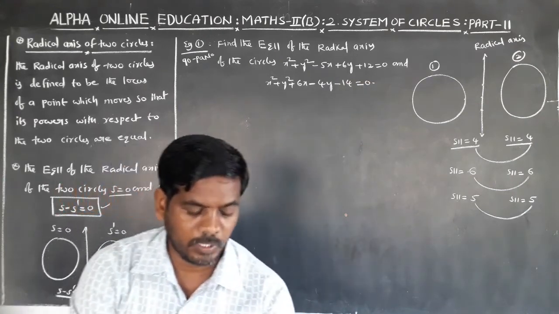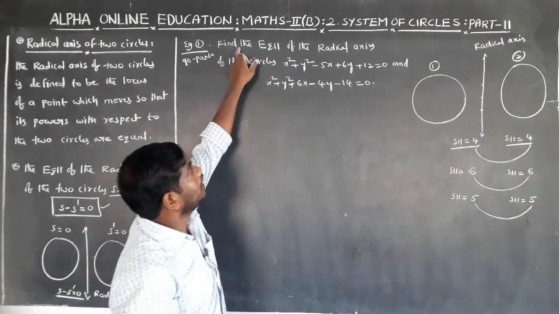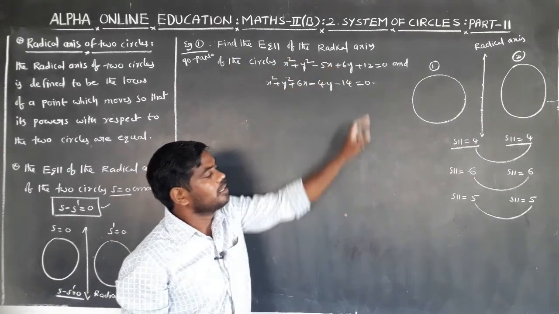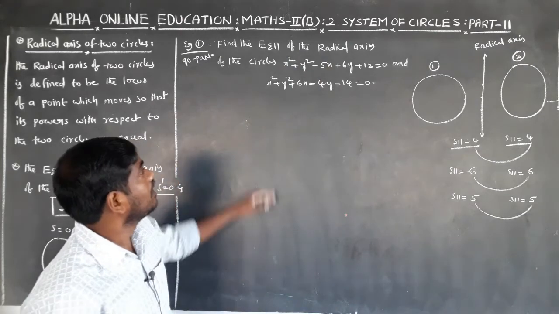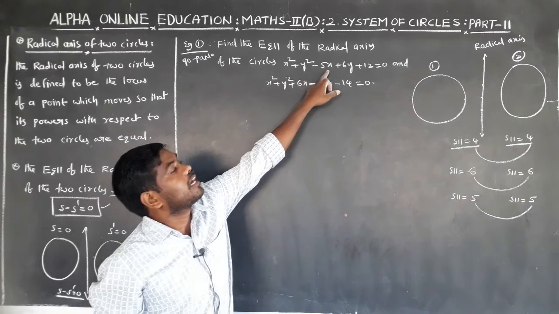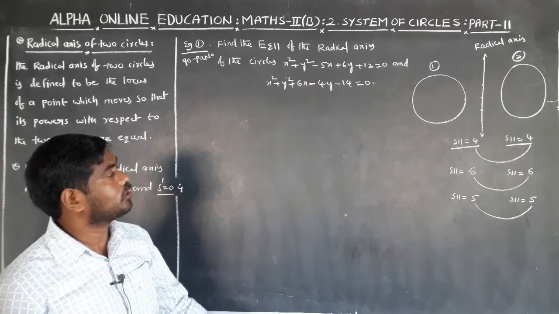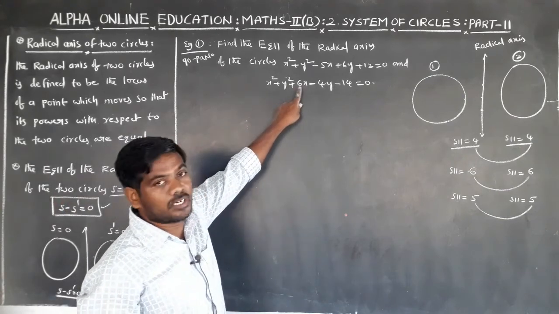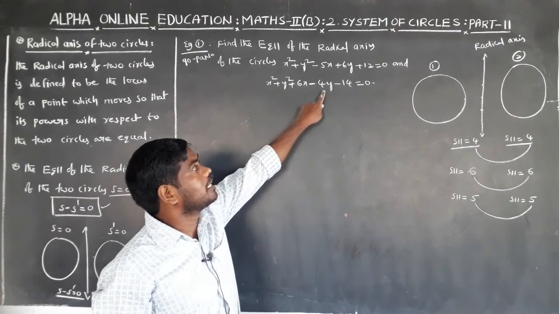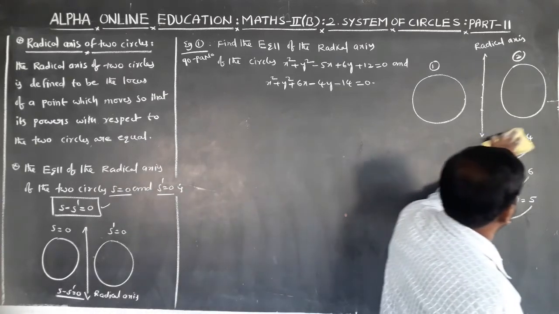Most important problem in 2 marks question. Find the equation of the radical axis of the circles x square plus y square minus 5x plus 6y plus 12 is equal to 0, and x square plus y square plus 6x minus 4y minus 14 is equal to 0.